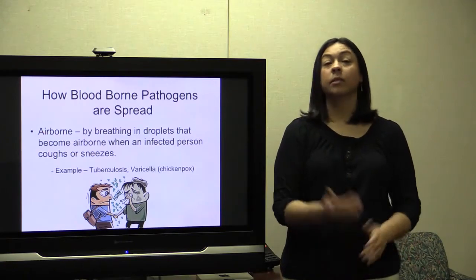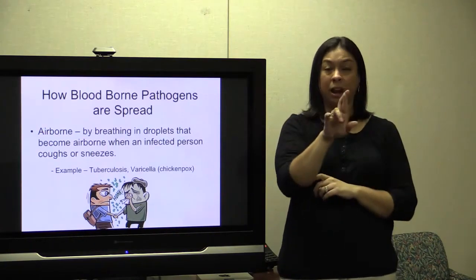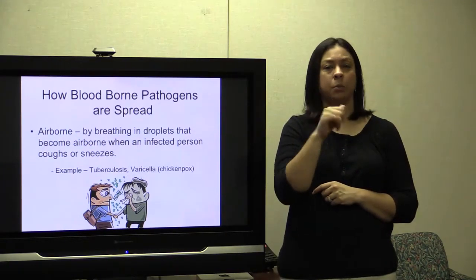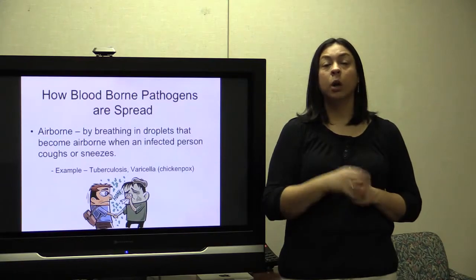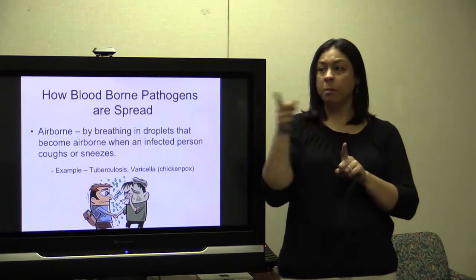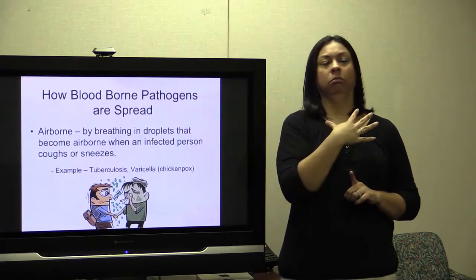And again, we talked a little bit about airborne pathogens in tuberculosis and varicella, as we said. And we can actually get sick by breathing in those droplets from an infected person when they cough or sneeze. This is why it's so important to cover your mouth when you cough or sneeze.